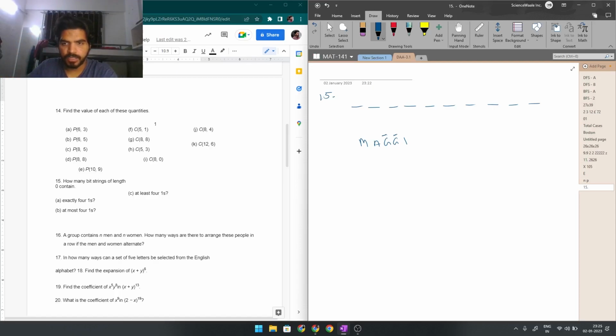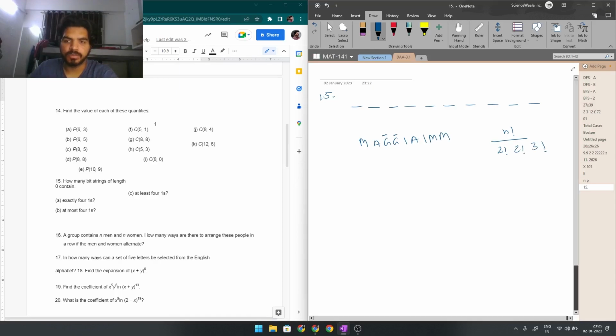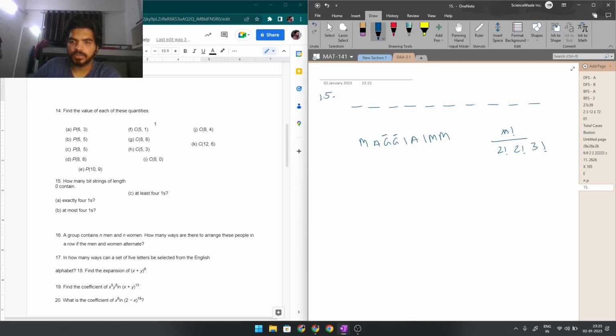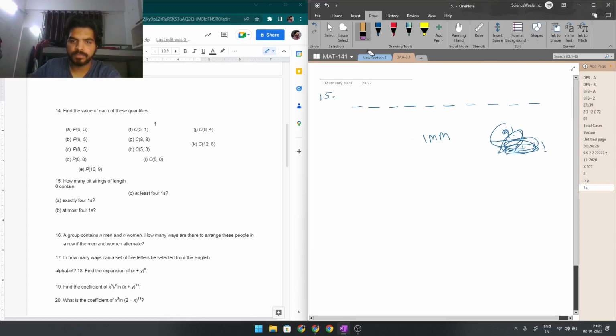The formula for that is n factorial upon the factorials of the repetitions, that means 2 factorial because there are 2 G's. For example, if there were 2 I's and 3 M's, everything goes in the denominator, and 1, 2, 3, 4, 5, 6, 7, 8, 9, so 9 factorial upon this. But since this is not the case, we'll come back to our question.